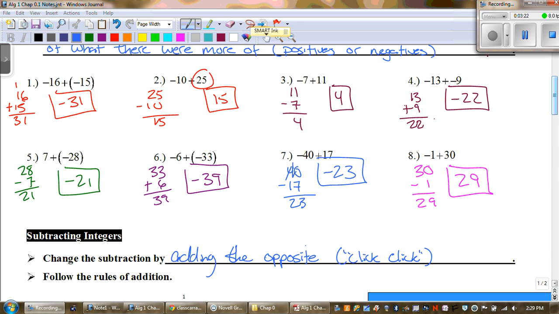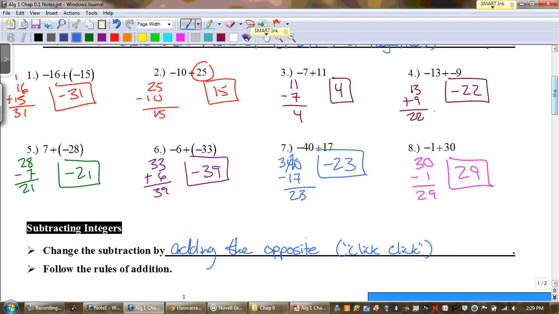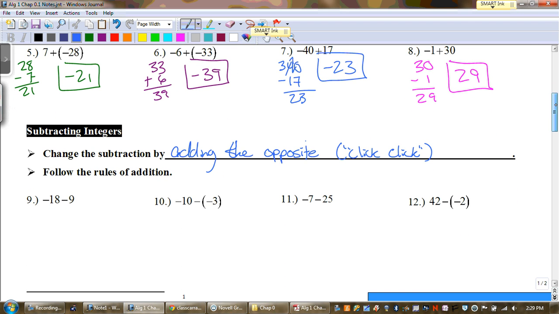Negative 40 plus 17, put the 40 on top, that's the bigger, and when you subtract, you have to be careful because you can't take 0 from 7. You have to borrow, the 4 turns into a 3, and then 10 minus 7 is 3, and 3 minus 1 is 2. Okay? All right, and there's the answer to 8.